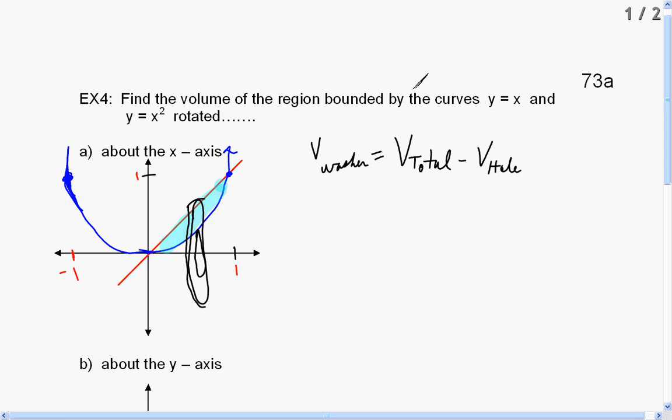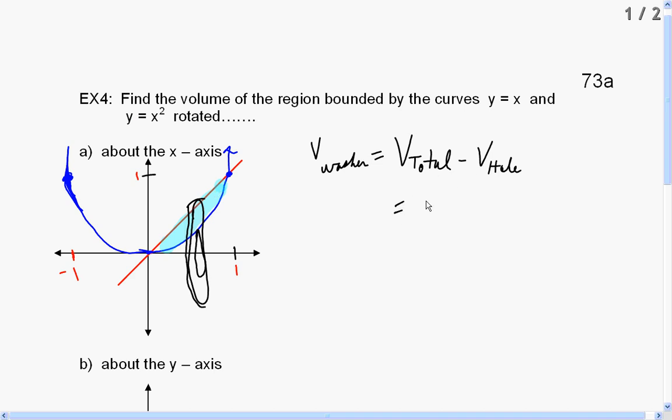So what will be the total volume? Well, that's disregarding this x squared piece. I'm just saying that the radius would go from the base, my x-axis, all the way up to the line y equals x, so it's just going to be that height.